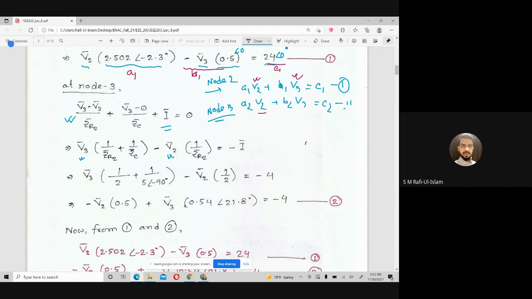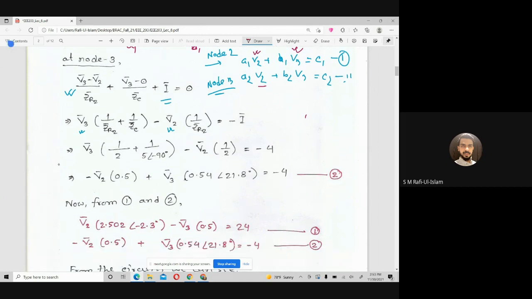After performing the algebraic operations, we'll get the final values. So equations 1 and 2 would look like this.